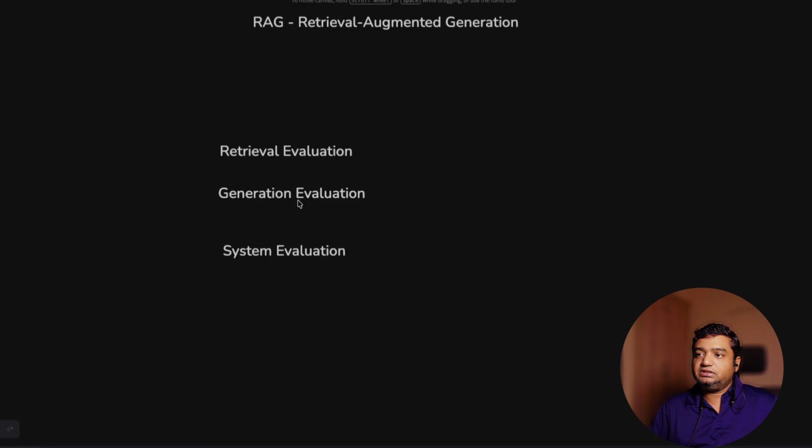Generation evaluation means checking whether your LLM is able to generate the correct response or answer. And system evaluation means checking whether your RAG pipeline gives the correct contextual information overall. So we have to look into all these 3 parts.